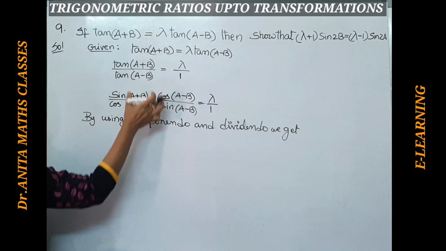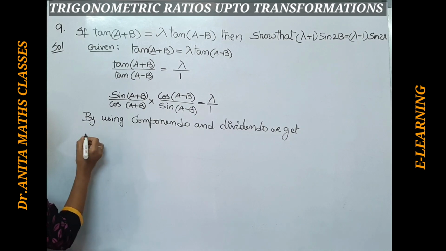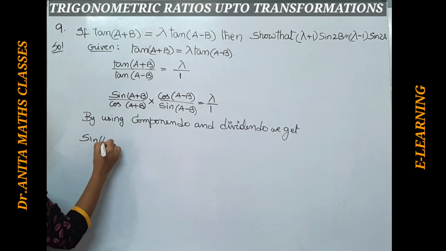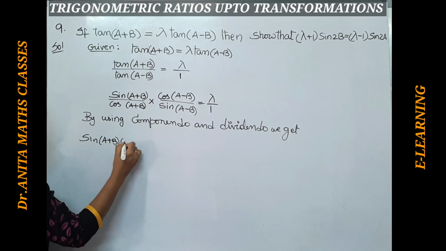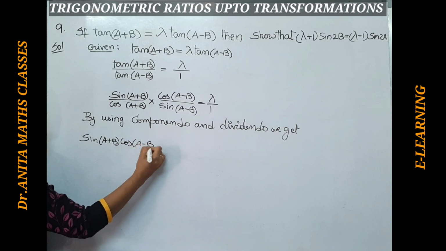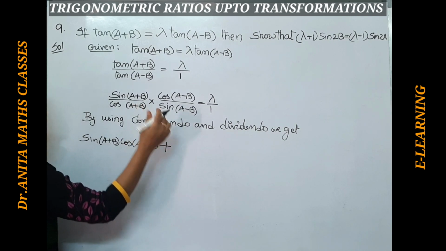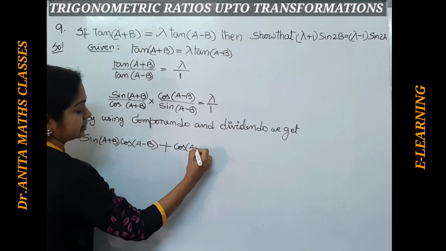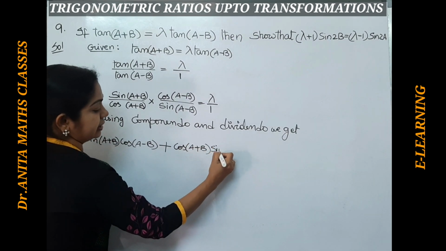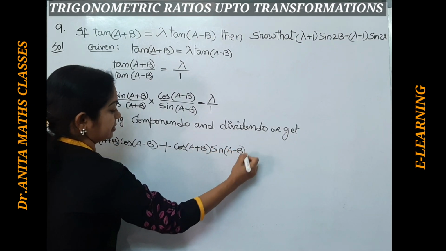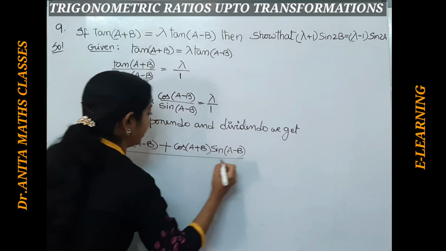Here, this is m by n, likewise m plus n. So this becomes sine(A plus B) cos(A minus B) plus cos(A plus B) sine(A minus B), divided by m minus n.